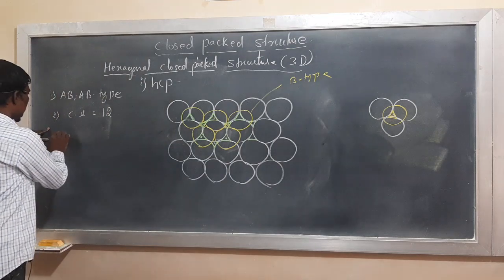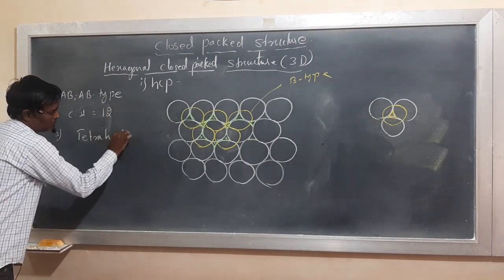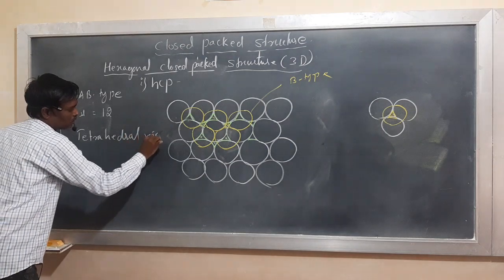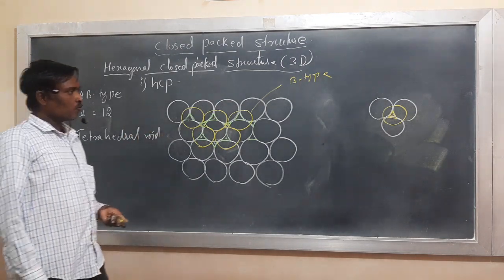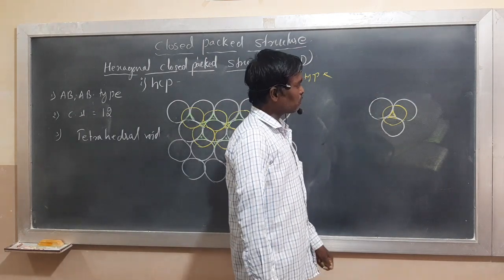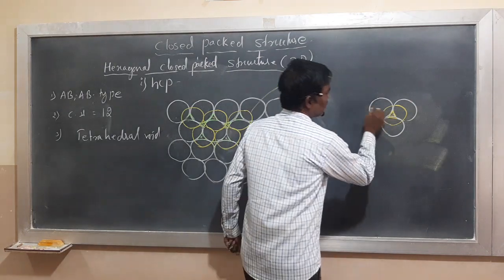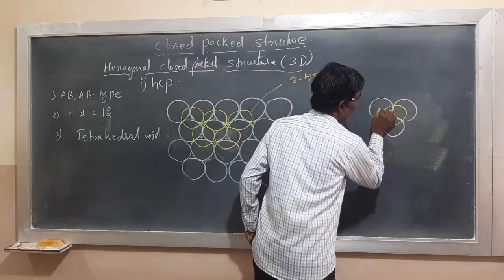So here the third one, there are tetrahedral voids. It is called a tetrahedral void because when I join the centers of all these spheres, it forms a tetrahedron. Let me show you.